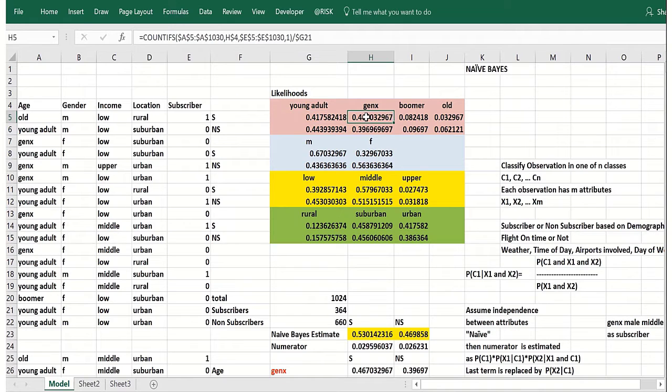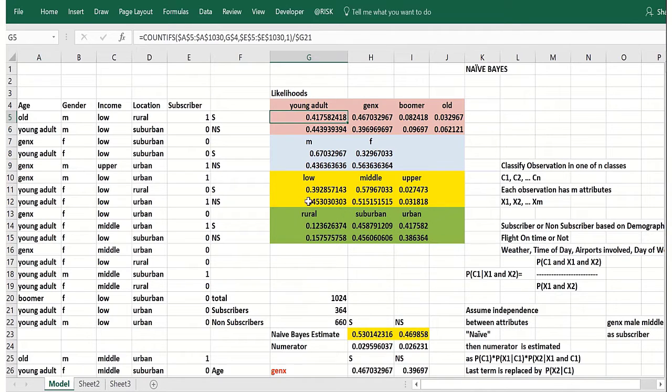And copy that across, that's going to be the chance that, given they're a subscriber, they're Gen X. This is the chance, given they're a subscriber, they're a boomer. Given they're a subscriber, what's the chance that they're old? Okay, these add to 1. In other words, the likelihoods that somebody's a young adult, Gen X, boomer, or old given subscriber have to add to 1.